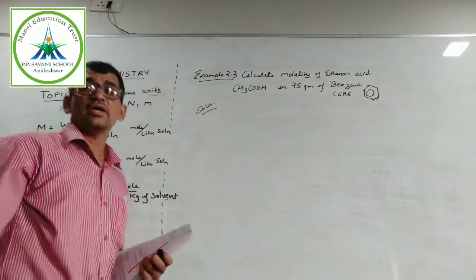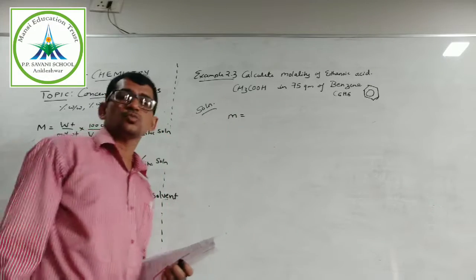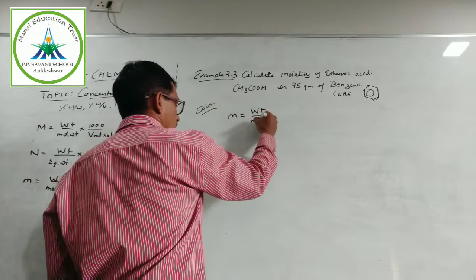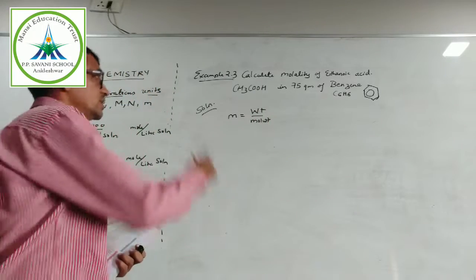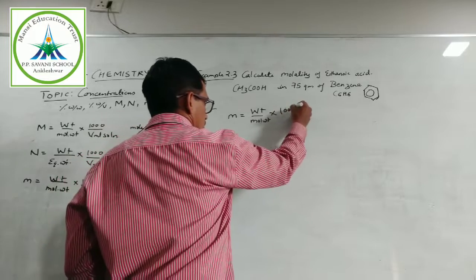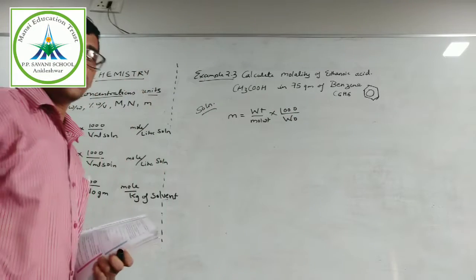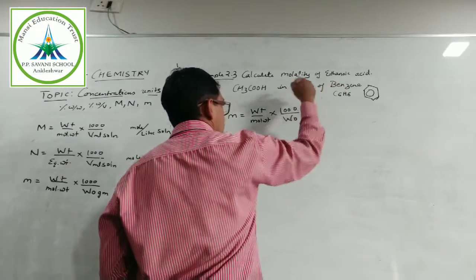Now we want to find molality. Molality symbol is small m. It is weight of solute, that is acetic acid, upon molecular weight, multiplied by 1000 upon W0, the weight of solvent. Here the solvent is benzene.